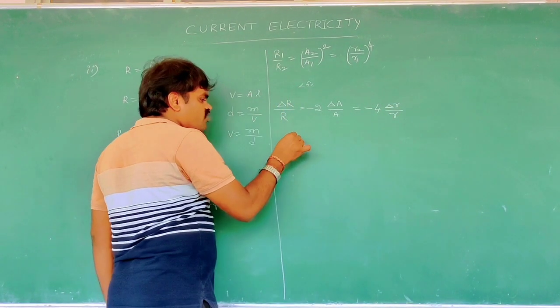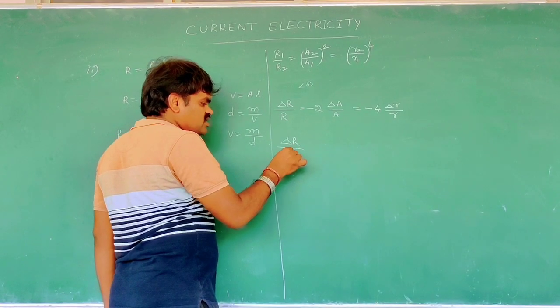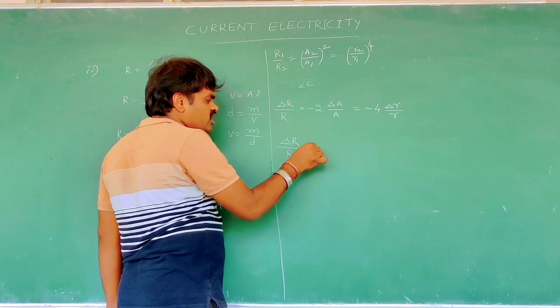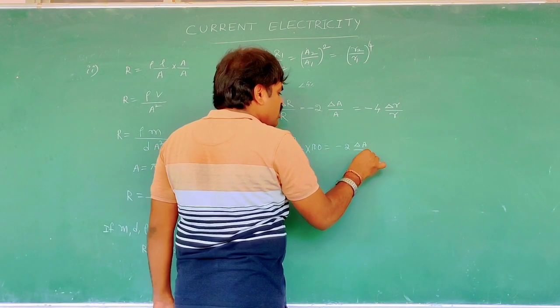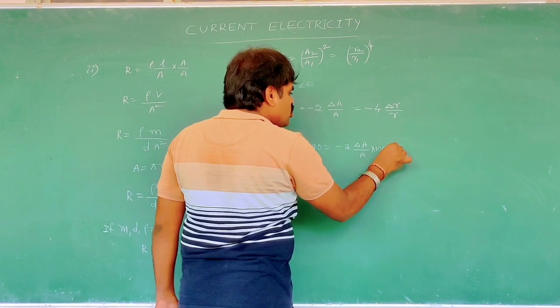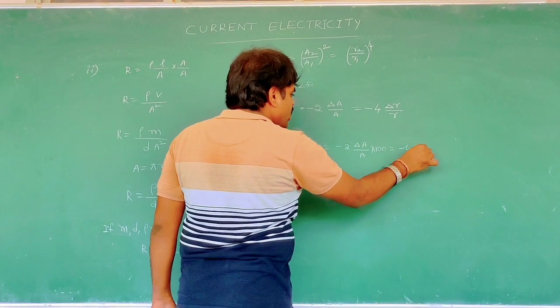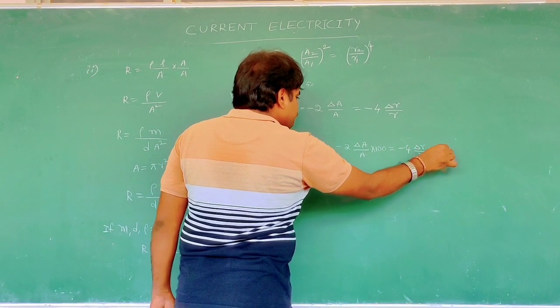The percentage of error in measuring resistance, delta R by R into 100, is equal to minus 2 into delta A by A into 100, which is equal to minus 4 into delta r by r into 100.